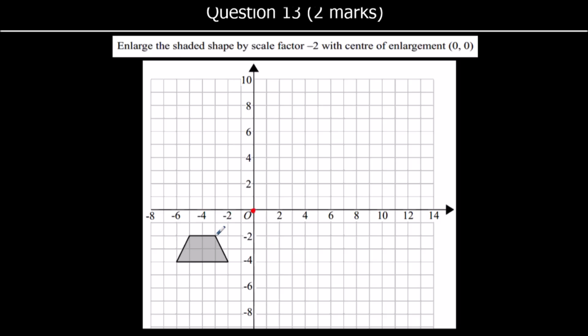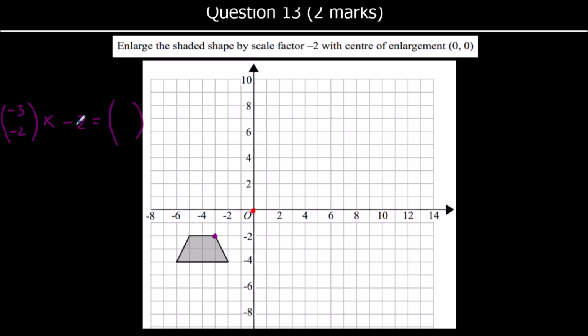So to get to this purple point here, it's back 3, down 2. And the scale factor is -2. So we're going to multiply that distance by -2. So where would we be now?